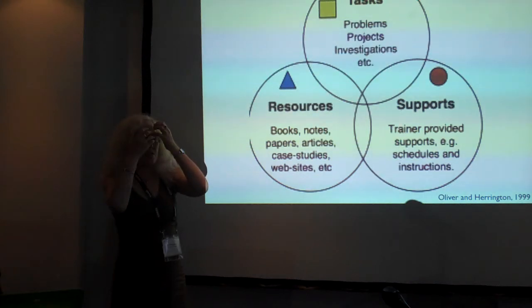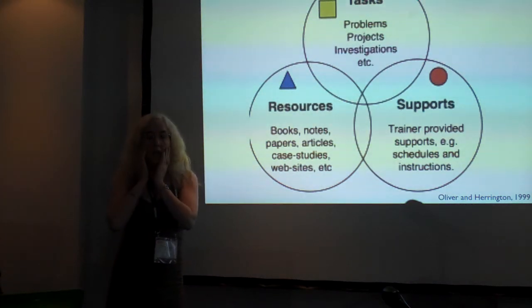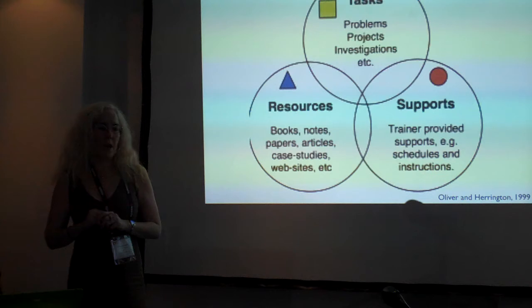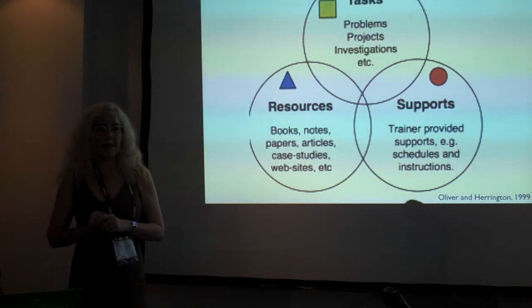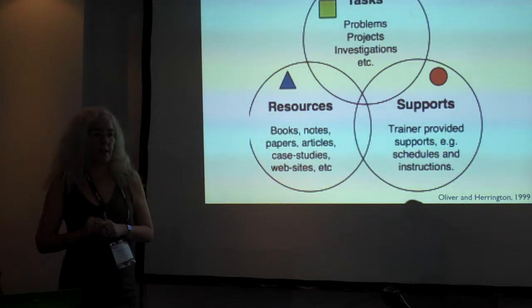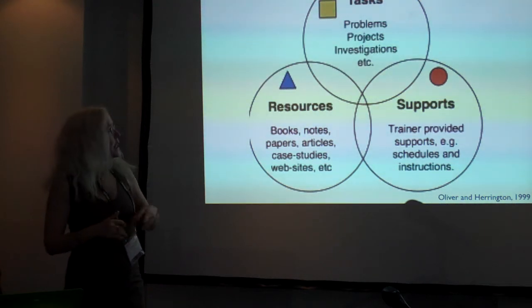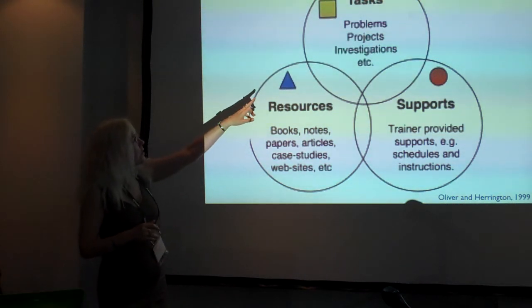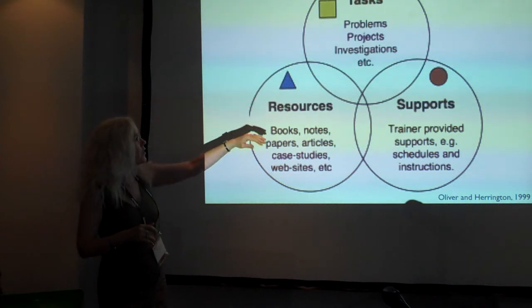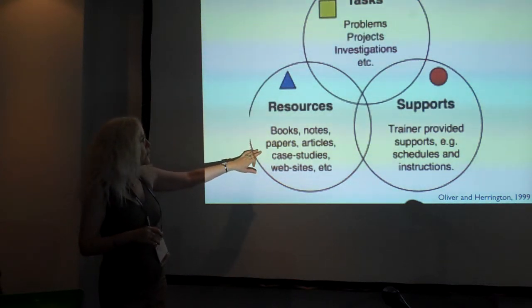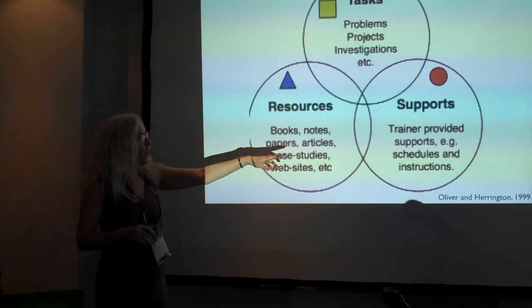Now, I'm representing this using a representation from Australia called the AUTC Learning Design Representation, where they represent a pedagogical pattern in terms of the tasks the students are undertaking, the problems, projects, investigations, the resources, books, notes, papers, etc., and any support they're provided.